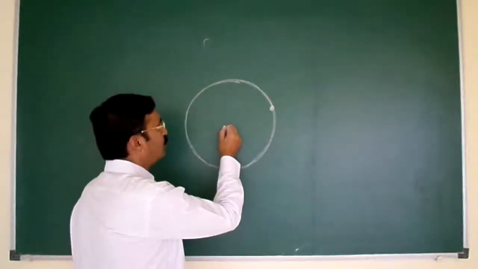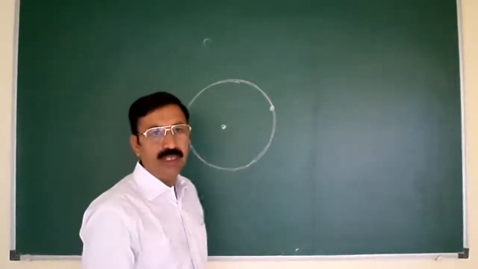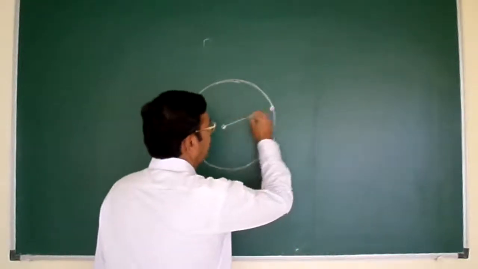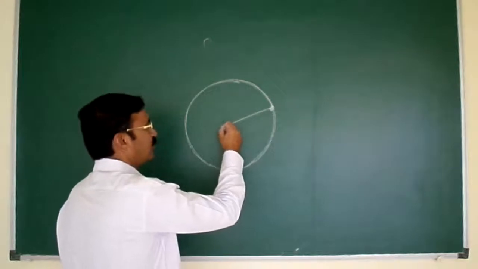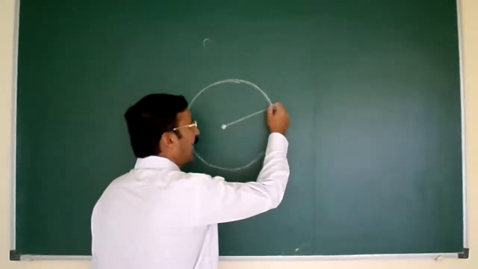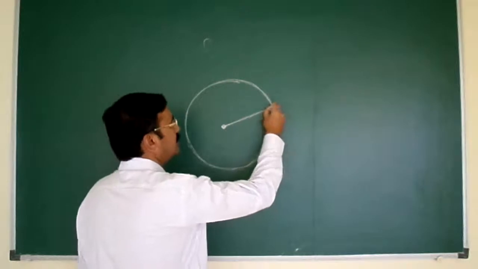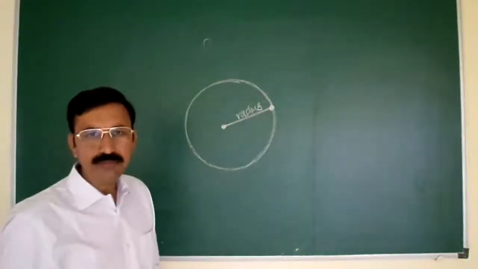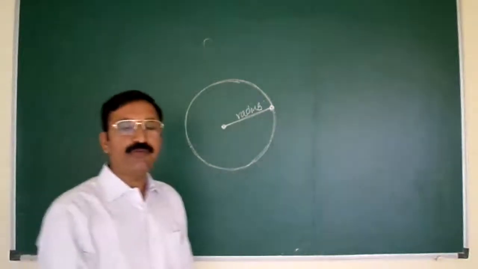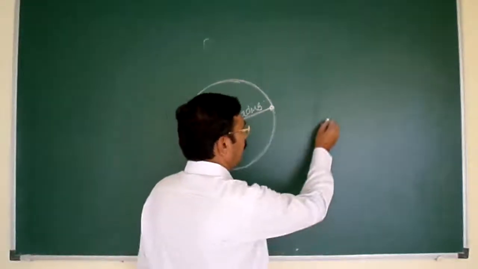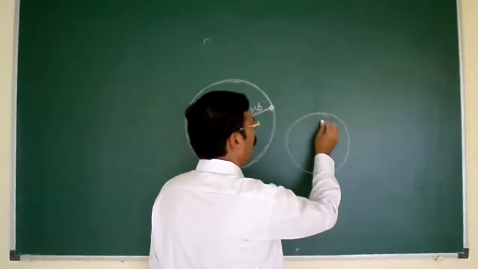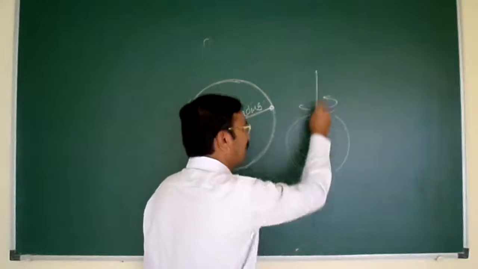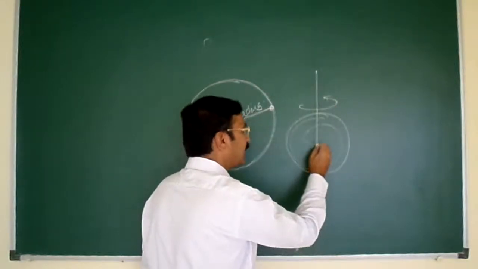The axis about which the body is moving is outside the body, and the distance between the axis of revolution and the object is the radius. In rotational motion, the body itself spins around itself when the axis of rotation passes through the body.